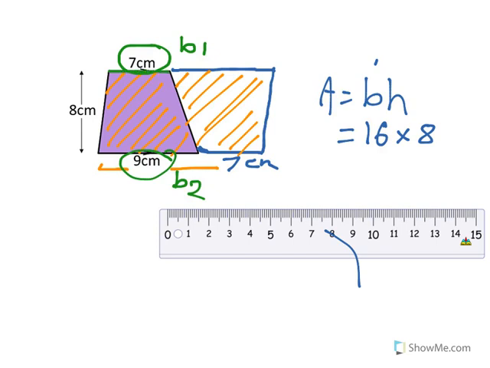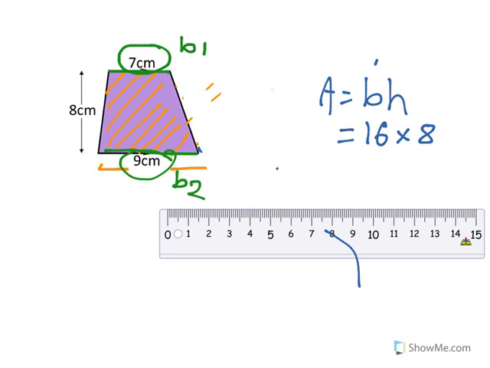The top of the trapezoid and the bottom of the trapezoid, we added them together, we got 16, and we multiply 16 times 8, and we get the area of this whole shape. Now, to figure out the area of just the original shape, if we erase all of this, we would simply take the result and divide it by 2. 16 times 8 divided by 2, and that would give us the answer.